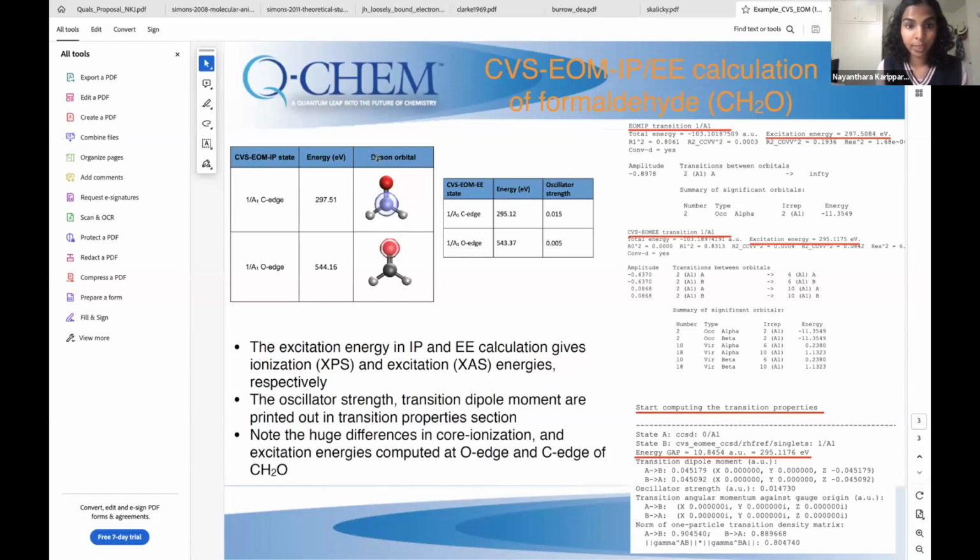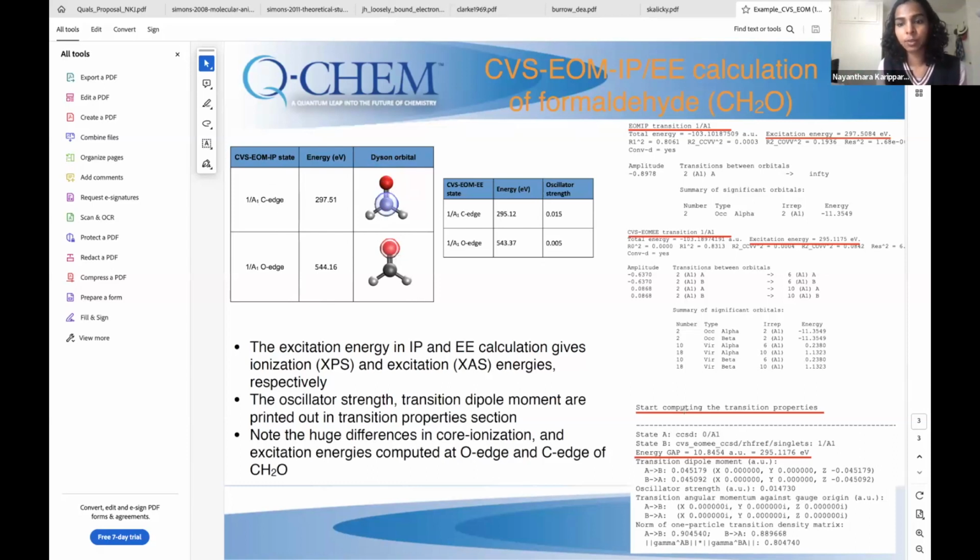And for EOM-IP calculations, Dyson orbitals would show us a metric of such ionization. So here we can see that for the CH calculation, the Dyson orbital is localized on the carbon, and it's a 1s orbital of carbon. Same for the oxygen edge.